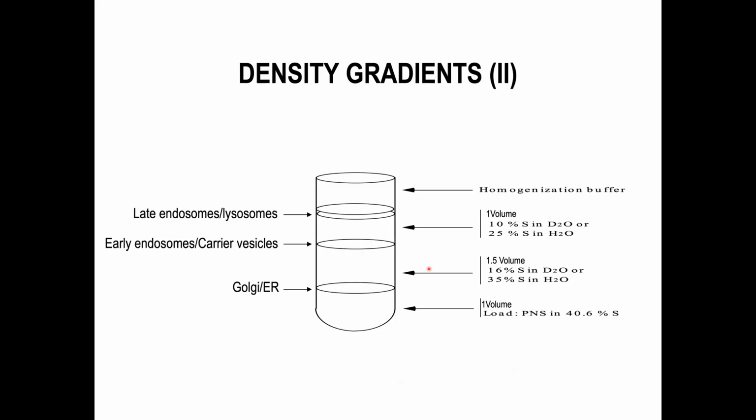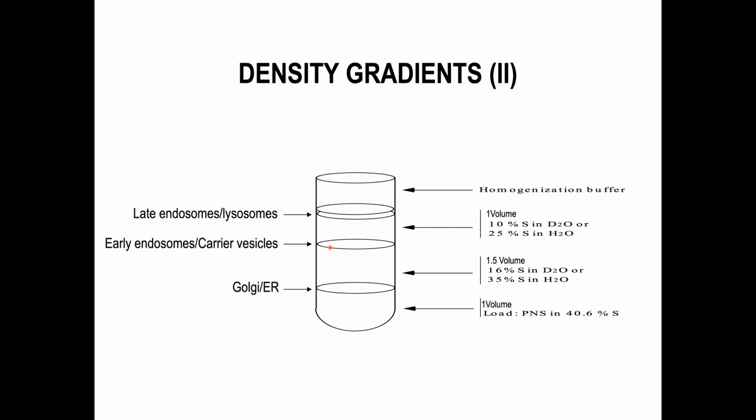You can use also density gradients, like shown here from one of the protocols, where you load your post-nuclear supernatant, for instance, on the bottom of the tube in 40% sucrose, and you overlay that with 35% sucrose, 25% sucrose, and finally homogenization buffer, which has only a very few percent of sucrose.